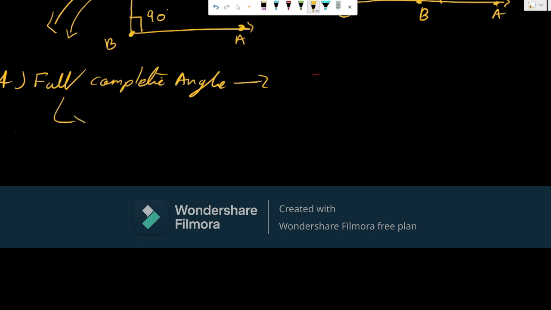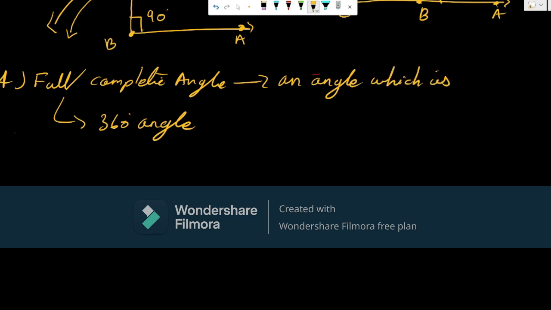I also like to call this a 360 degree angle. Now an angle which is 360 degree and takes a complete rotation.